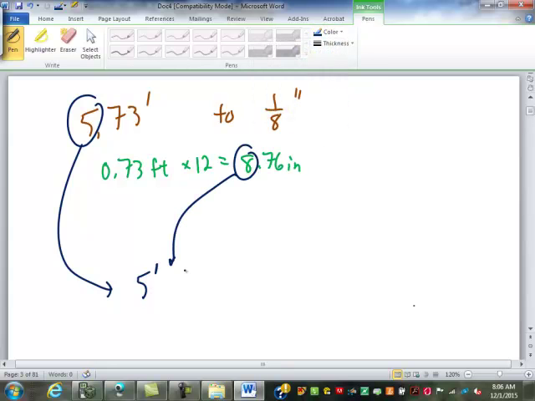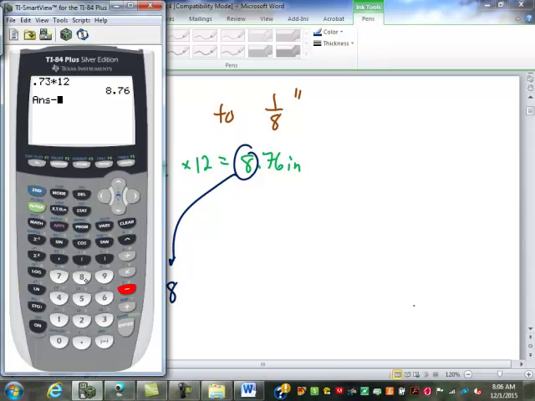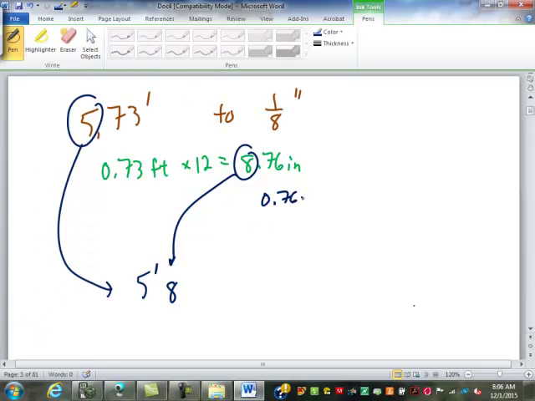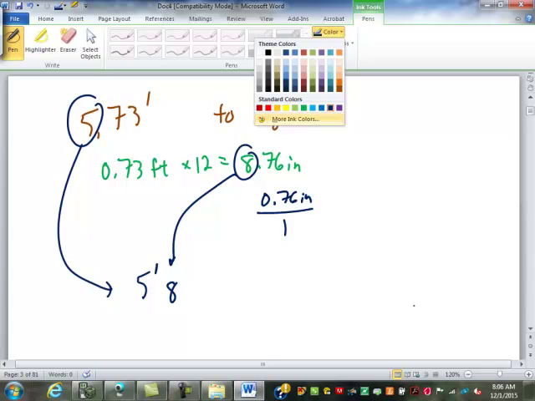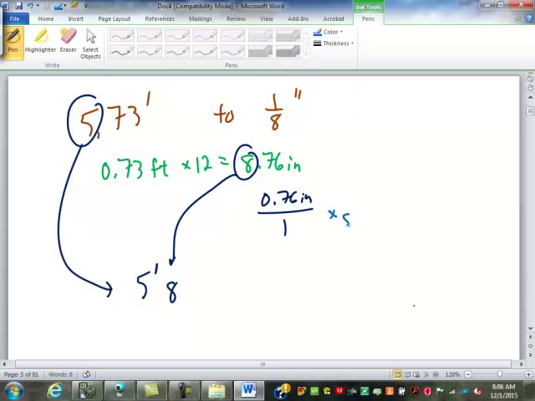I take the 8. 8 is now inches. On my calculator, I'm going to subtract the 8. Now I have 0.76 inches. I'll put that over 1. What do I want the denominator to be? 8. So I'm going to multiply by 8 over 8. So 0.76 times 8 is 6.08, right?